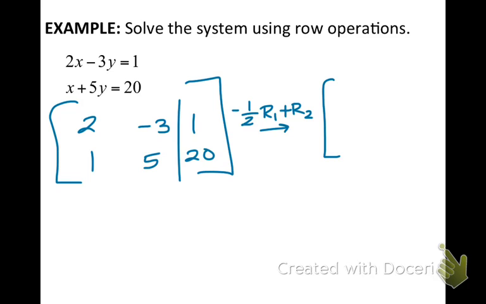So that stays a 2, that stays a -3, that stays a 1.